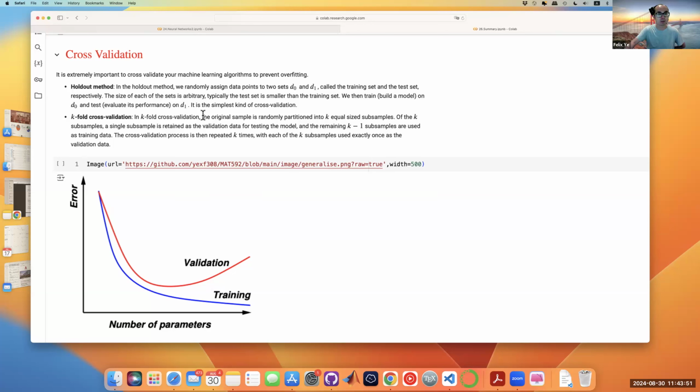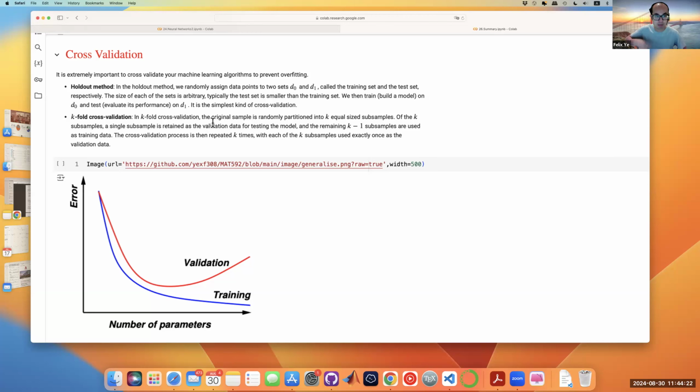So this is the holdout method, and of course we have k-fold cross-validation, a more complicated version. In basic k-fold cross-validation, the sample is randomly partitioned into k equal-sized subsamples.